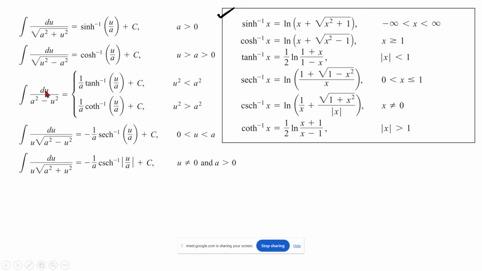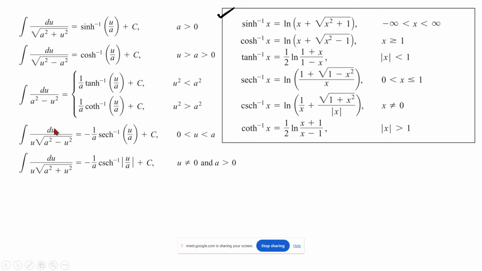Whereas here, the numerator dimension is 1 and the denominator is actually squared. The denominator has the power 2, the numerator has the power 1. So that's why in the result you are getting 1 extra in the denominator. Because there's a square root here, the dimensions are the same, so we are not getting anything like 1 by a in the denominator, and here you are getting it in the denominator. This is just for your simplicity.